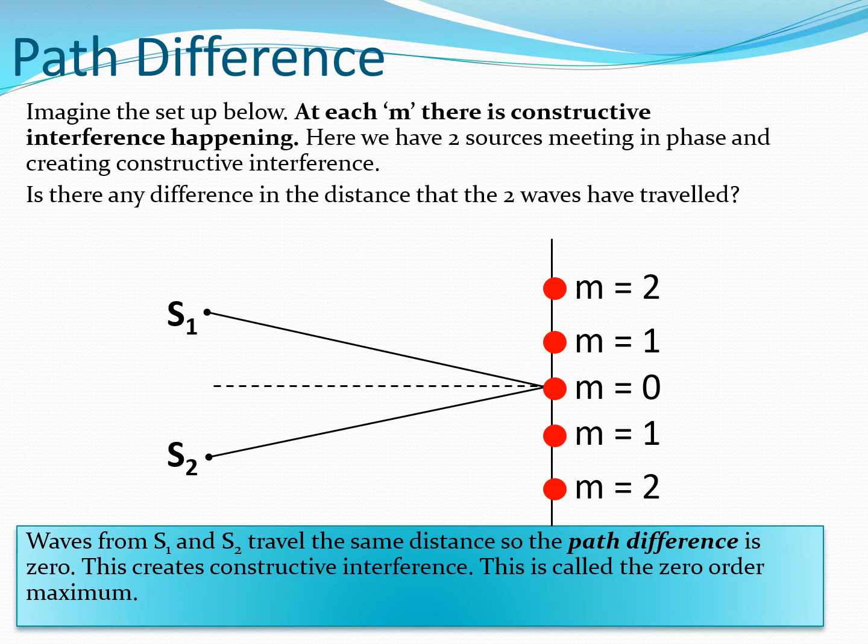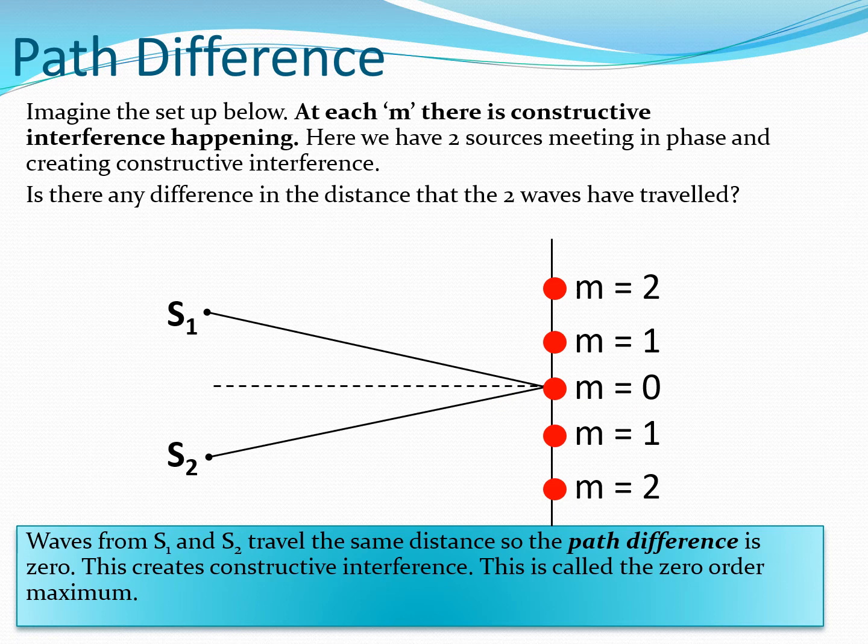The path taken by the waves coming from speaker 1 and the path taken by the waves from speaker 2 is the same. So the difference in those paths is 0. When they meet at m is equal to 0, it creates constructive interference. So we've got a loud sound.